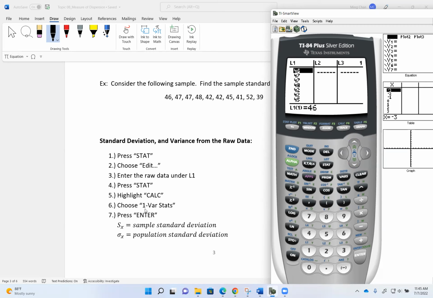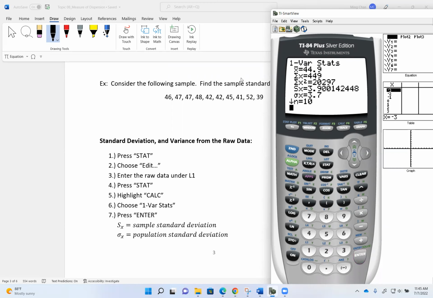Once you enter all the numbers, press stats, highlight the word CALC, and choose number 1, 1-Var Stats. Since all the numbers that I entered are in L1, I can just go ahead and press enter. If your calculator looks a little different from mine, just make sure your X list is L1.